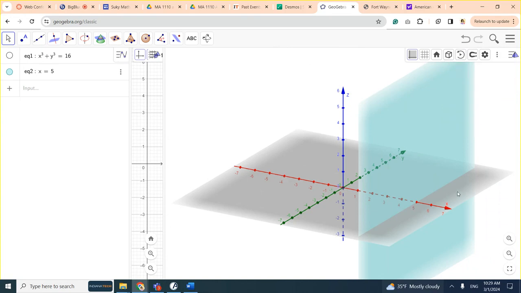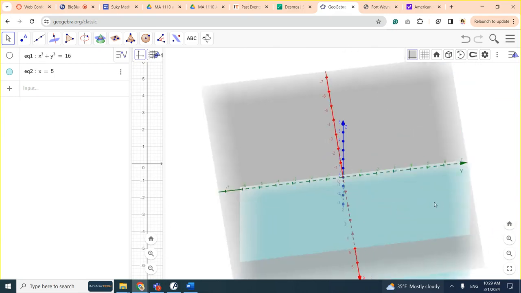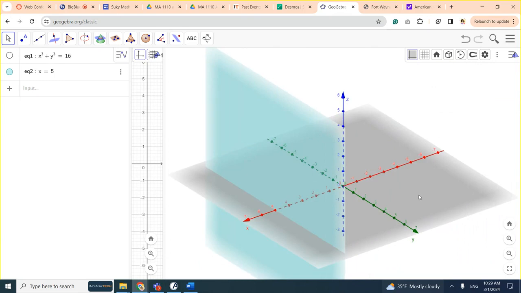And now their x is here and their y is here. So if you want to, you can move it around so it looks like ours. We always have x here and y here and the z there. Now you can see the plane. This is the plane x equals 5. That helps a bit more.